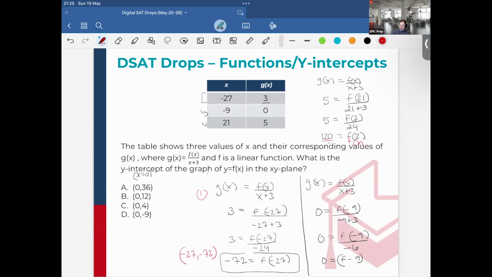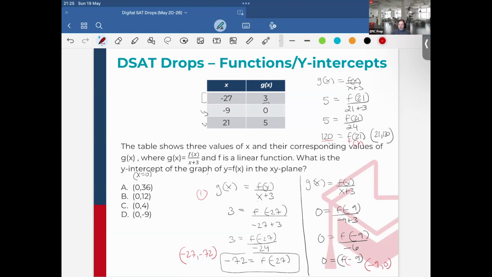For here, that would be f of -9, so my x value would be -9, and then this would be 0. And then up here, it would be f of 21, so that would be 21 and 120. Okay, so now I have all three coordinates.